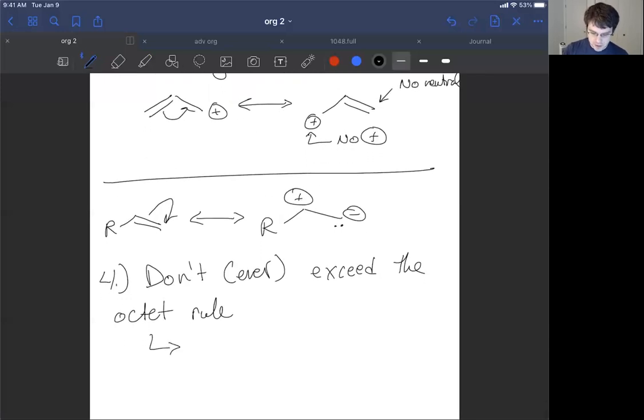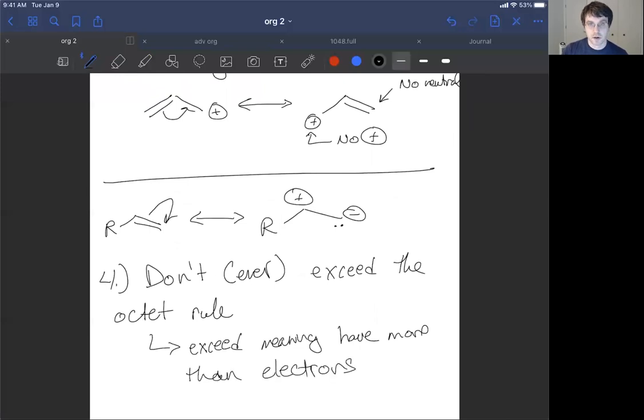I said don't exceed, meaning don't ever have more than 8 electrons. So we don't want to exceed the octet rule.